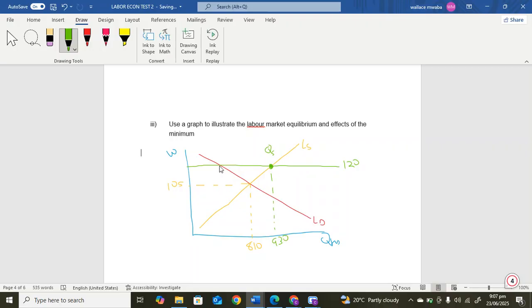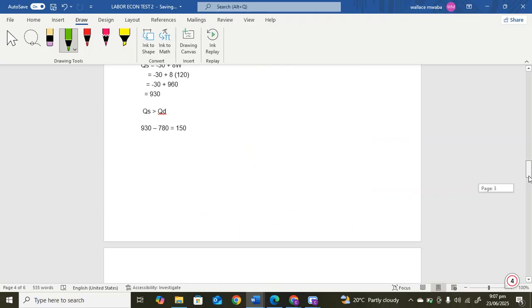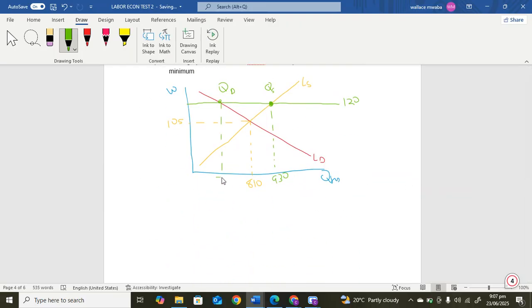Then where this 120 cuts the labor demand graph, that's the quantity demanded, which was 780. So this region here, from 780 to 930, represents the excess supply of labor.